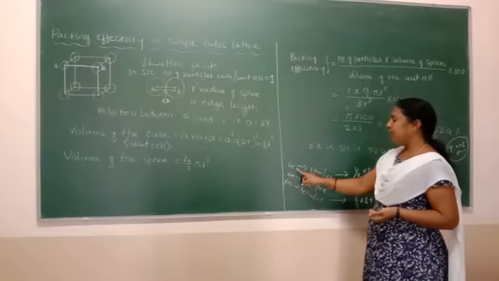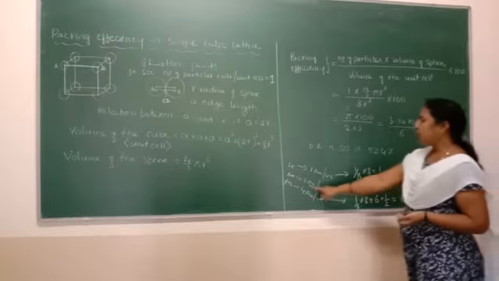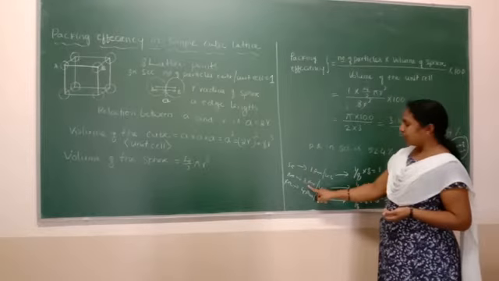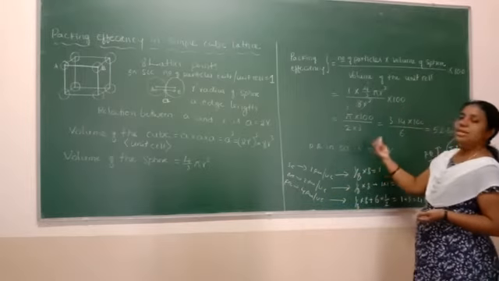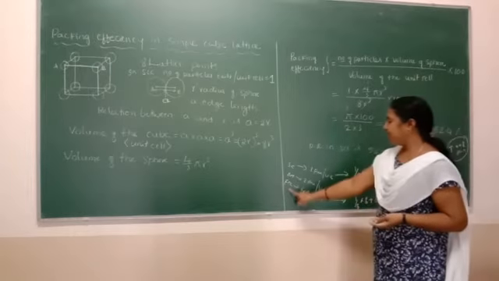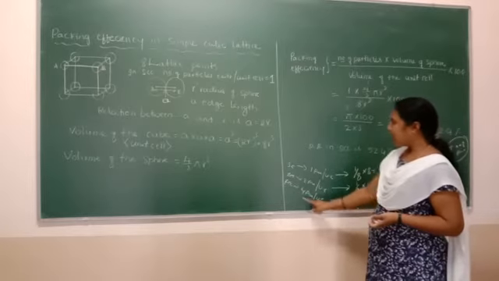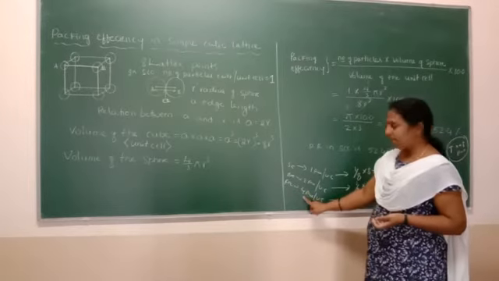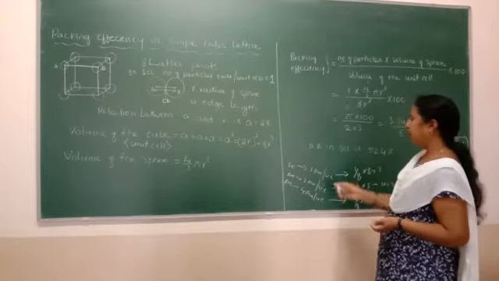Compared with simple cubic, in BCC there are two particles per unit cell. Because of the increase in the number of particles, the packing efficiency also increases. In FCC, there are 4 particles per unit cell. Because of the high number of particles, the packing efficiency increases further.